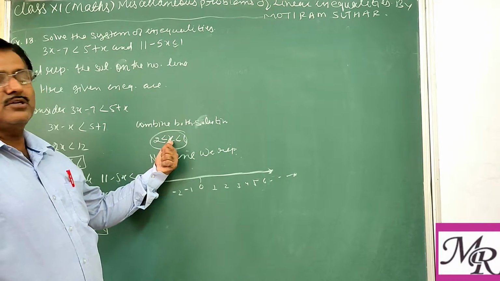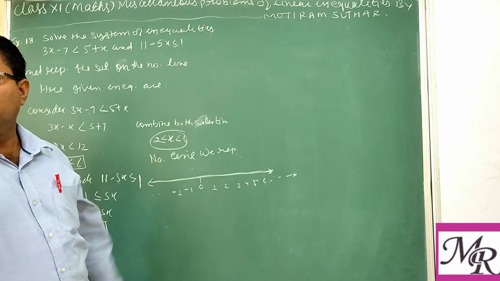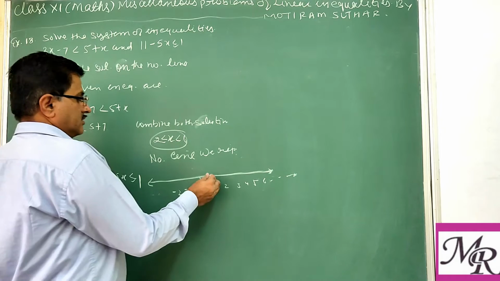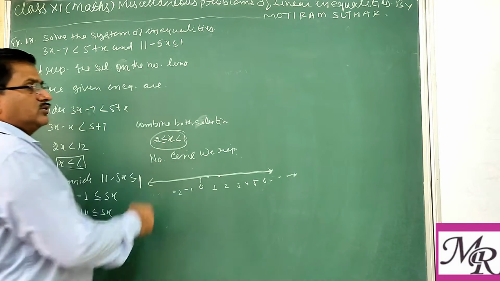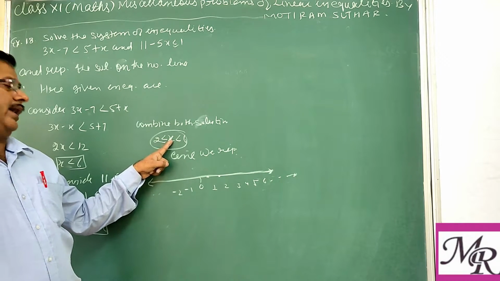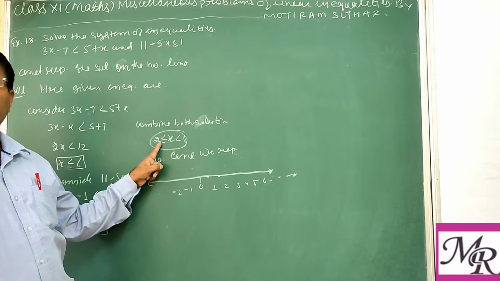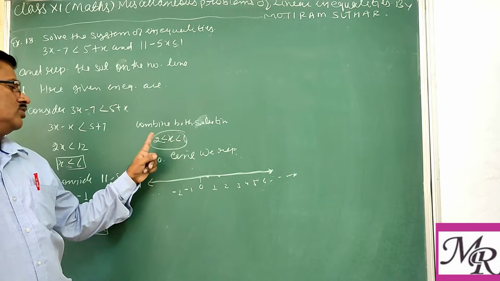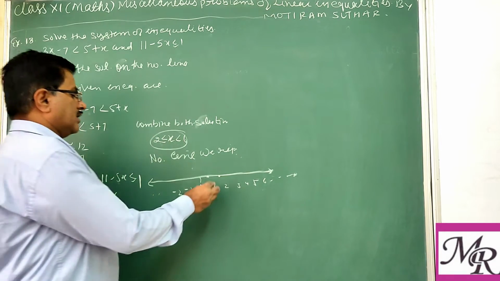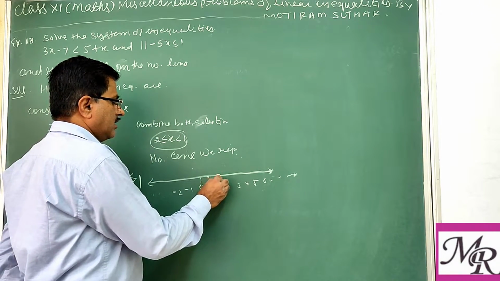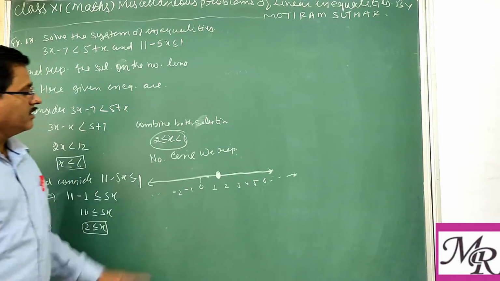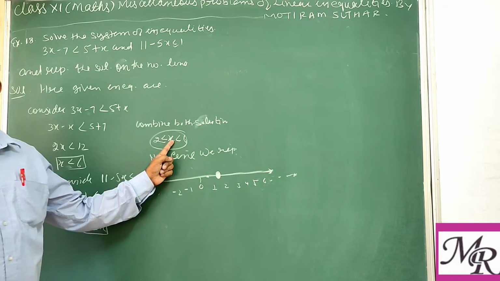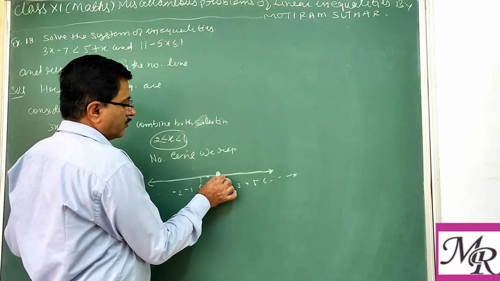So x is greater than equal to 2. So on the number line, suppose this point is 1, this is 2. Now here the equal to sign is also there. X is greater than equal to 2, so also include 2. It means we make the dark circle on the point 2 and all points greater than 2.